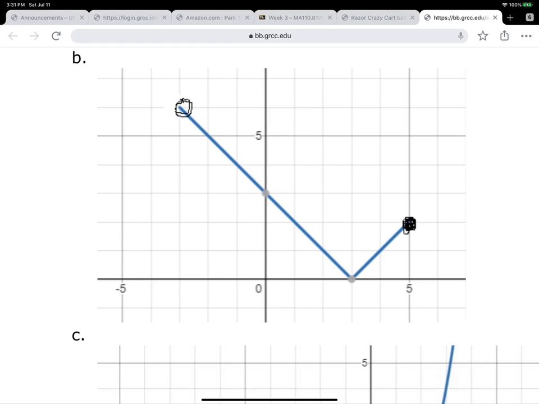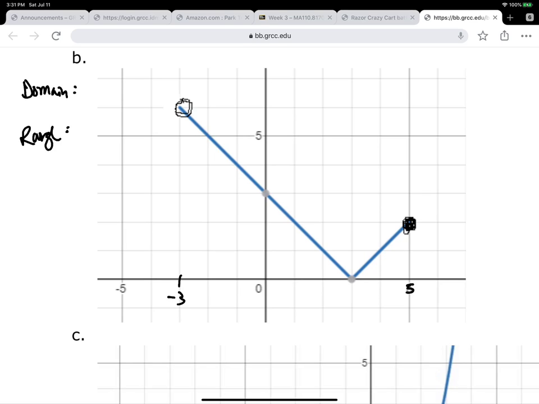Okay. This one I have to kind of do a little bit of improvising, so don't mind the graph. Same idea, domain and range. So domain, left to right. Looks like it starts from -3, ends at 5.